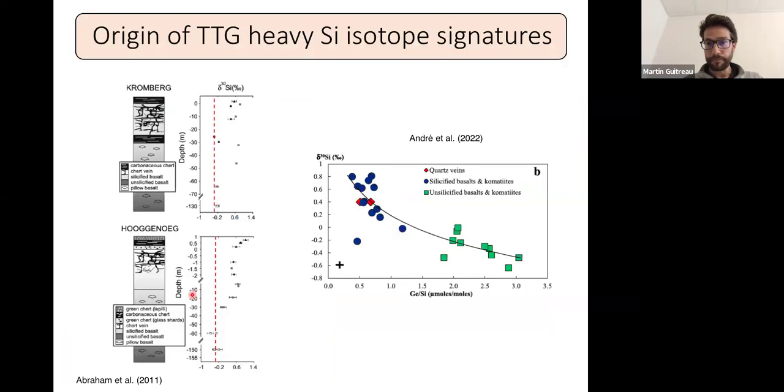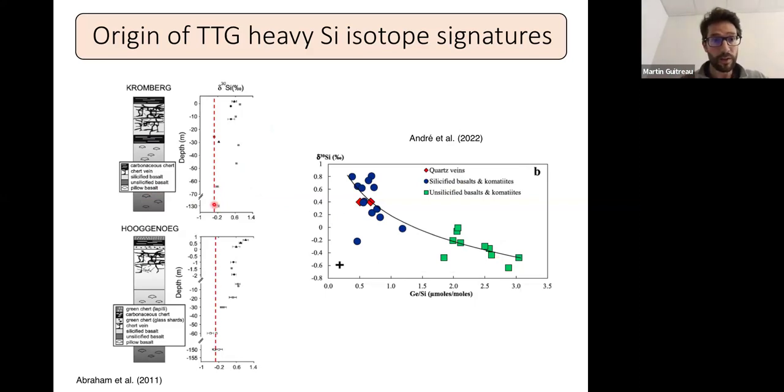And another interesting feature is that when you look closely at the stratigraphy, which is what was done by Abraham et al. 2011, and you look at how silicon isotopes evolved in this stratigraphy, which is complementary to what André did later on, you can see that when you have unsilicified basalt, like in here, you have silicon isotope compositions that are very close to the BSE, to the bulk silicate earth.